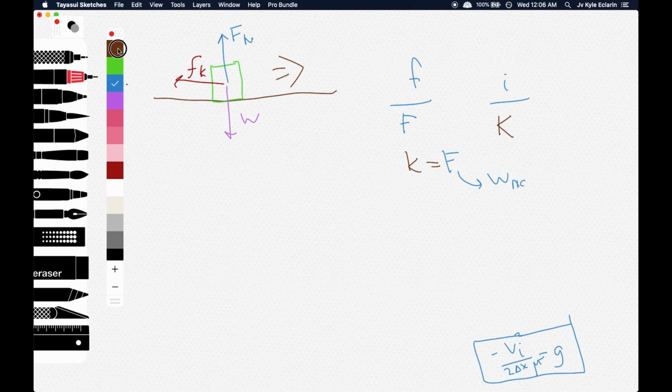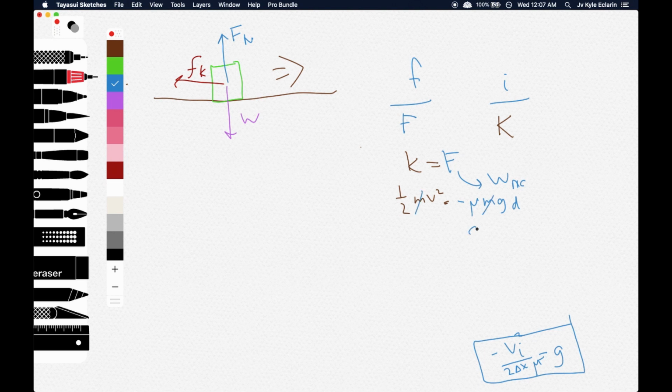All right, so let's go ahead and write this down. So we have 1/2 mv squared then equals negative mu mg d, and the masses cancel out, thankfully for us.